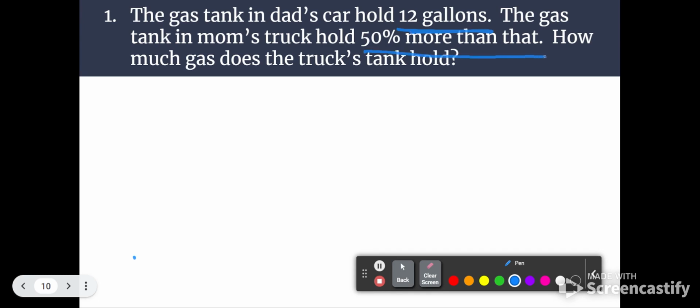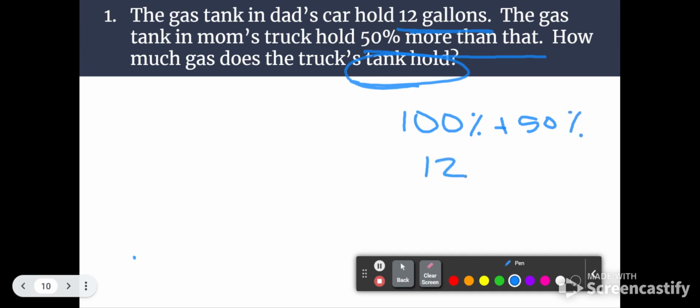How much does the tank hold? So we're looking for the total amount that the tank holds. That is going to be a percent increase. So we are going to have our 100%, whatever that is, plus the 50%, right? Well, our 100% is 12, and we're looking for the 50%.